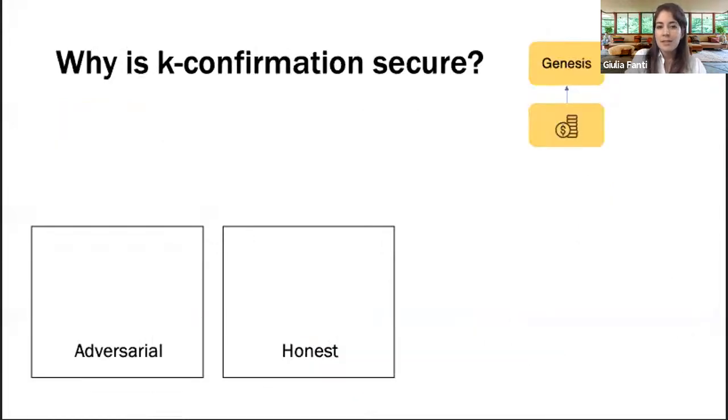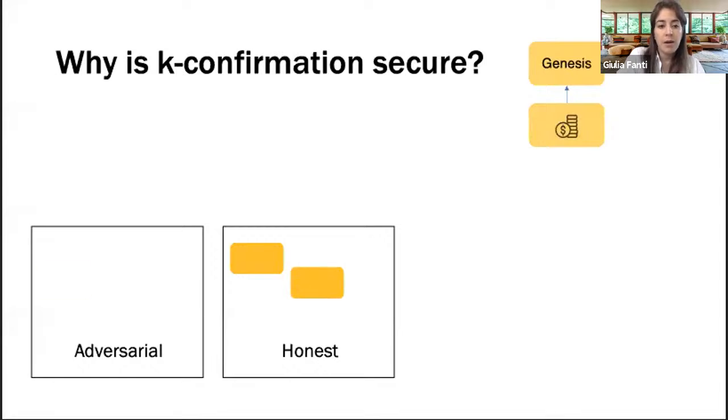Now, why is this k confirmation rule secure? To understand this, we can think about the adversary and the honest miners as basically two Poisson processes. Each one of these parties is trying to generate blocks according to a Poisson process whose rate depends on the fraction of total computation that they have in the system.